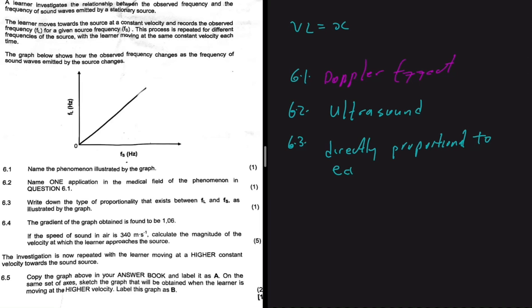If you want to go further, you can even say that as FS increases, FL increases, right? But it's just 1 mark, so this will be sufficient. If it was for 2 marks, then you would say that as FS increases, FL increases. Now let's solve the problem.